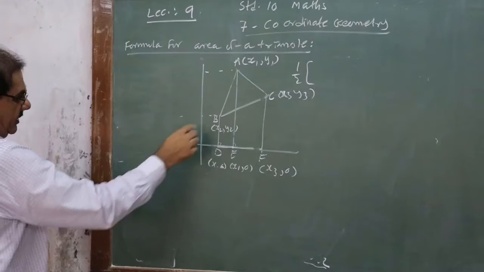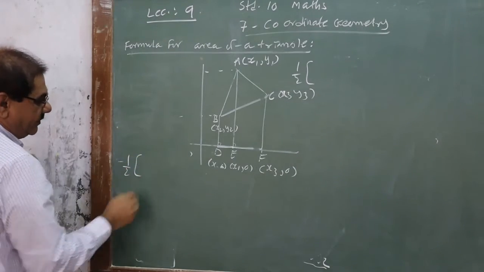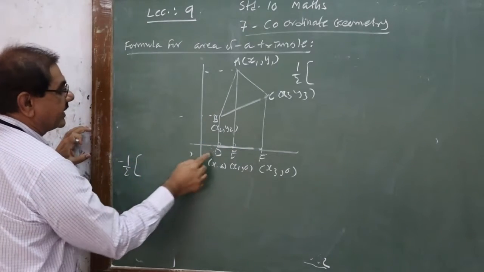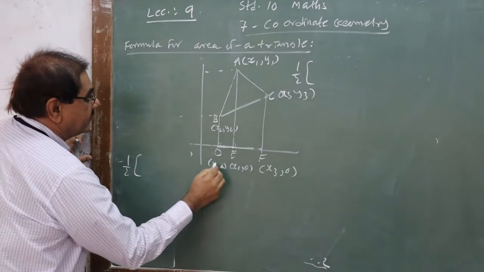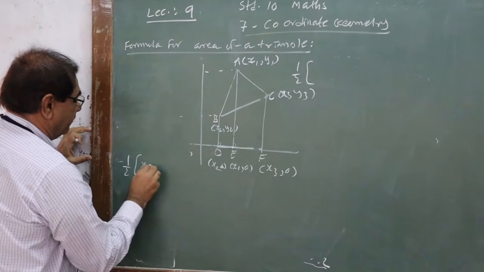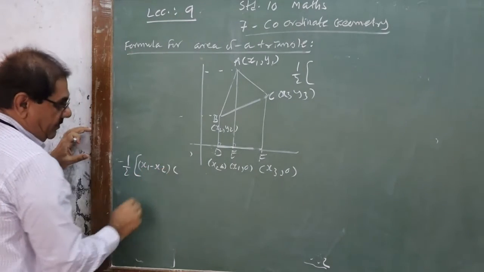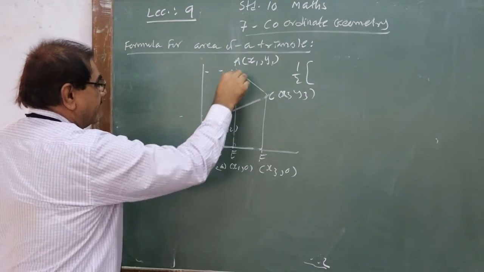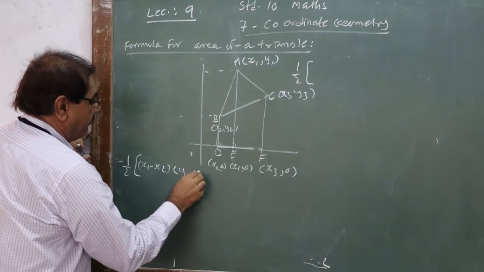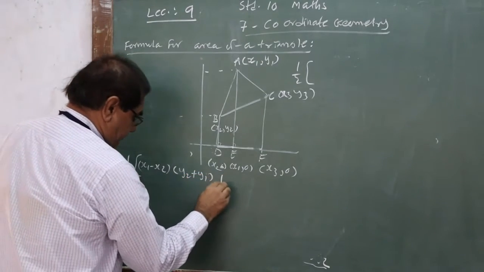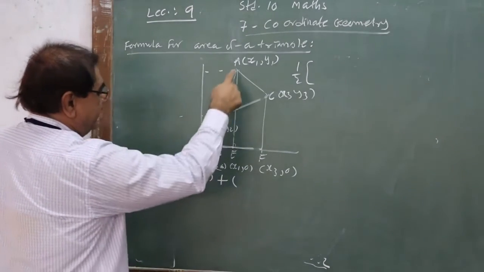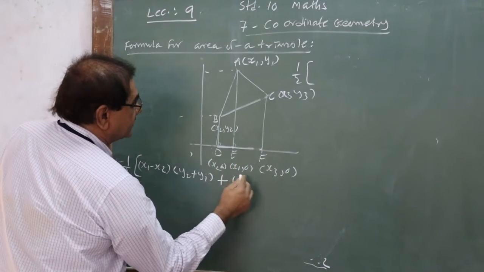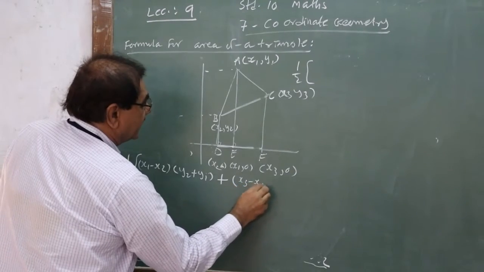First of all, 1/2 into bracket. It is trapezium ABD, so 1/2 is taken common. DE is x1 minus x2, the altitude, and the sum of parallel sides, y2 plus y1, plus the second trapezium, 1/2 taken common, x3 minus x1 is the altitude.